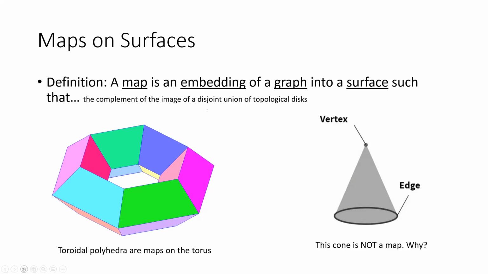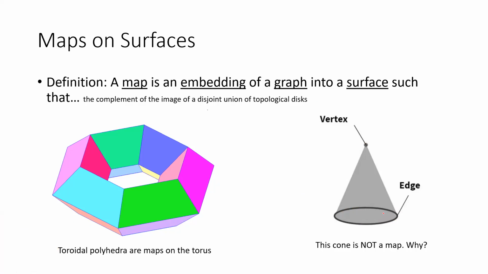Let me try to draw here. So we have one vertex over here, and then we have an edge over here. But this is not really a graph because in a graph, you need edges going between vertices. And so this circle here is not an edge that's connecting two vertices. So in that sense, it doesn't really have an underlying graph.